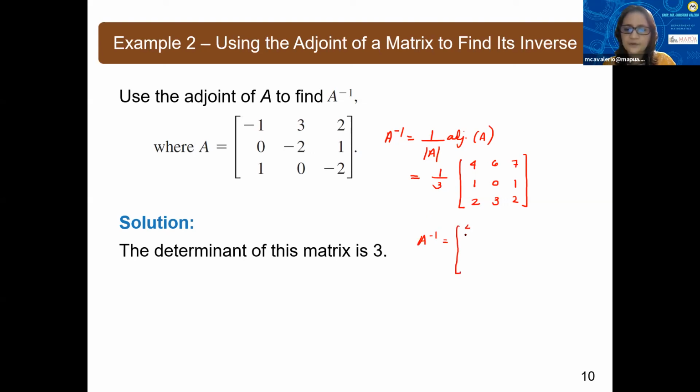We will have 4/3, 6 over 3, that will be 2, and then 7 over 3. And then 1/3, 0, and 1/3 again. And then 2/3, 1, and 2/3. So this now is the inverse of A.